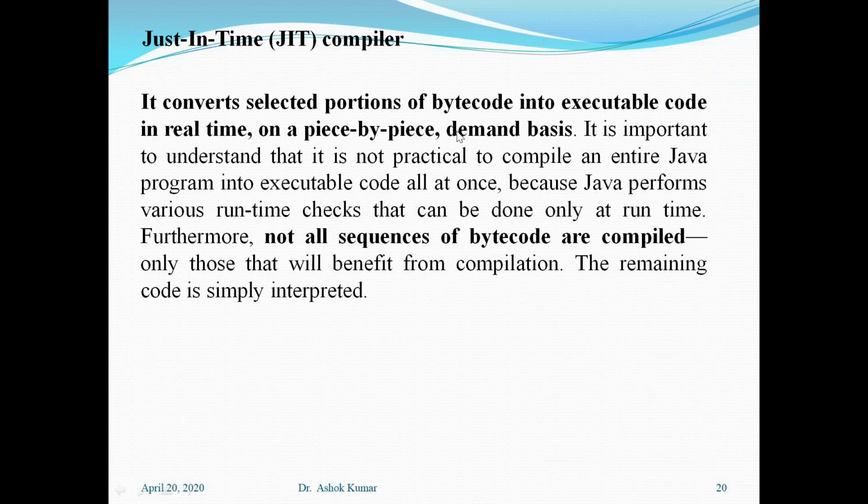Whenever there is a requirement, the compiler decides about this, because every compiler has an optimization module that optimizes your code. So wherever code optimization is required, JIT will be requested to convert only that portion of the bytecode into its equivalent executable code.